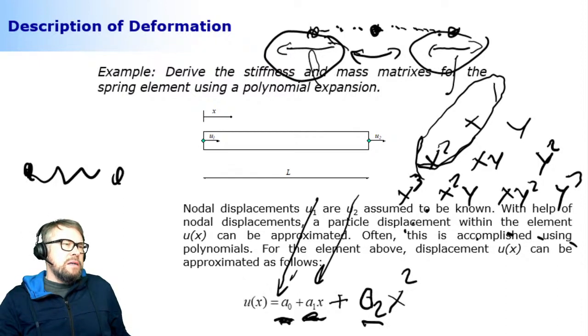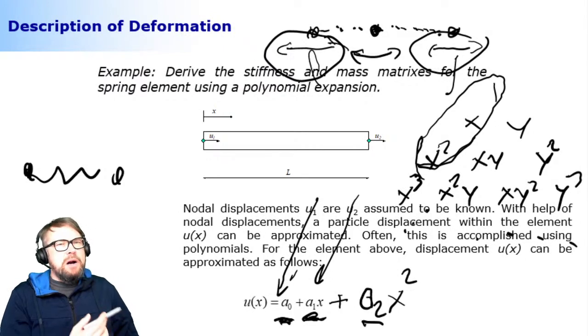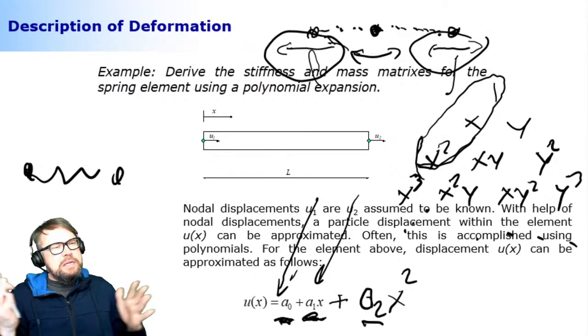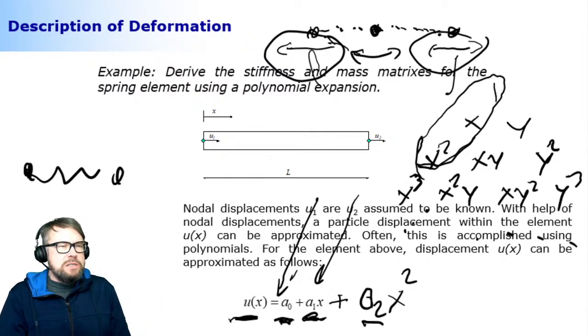And once I know that, then the polynomial will tell me how the particle is moving between these nodal locations. How come? Well, look at this. This is telling me the displacement that is a function of x. So this is my representation of displacement. And if I know this, then I know the deformation. This is pretty much finite element modeling in a nutshell.